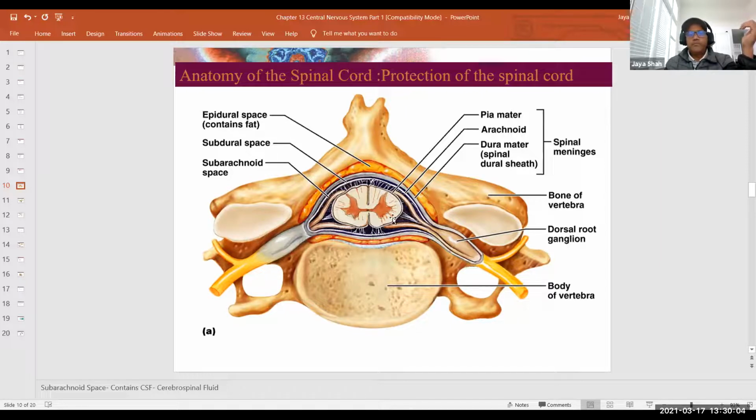So now let's go over the structure of the brain. So this is white matter and gray matter, and we're going to talk about that. Now, you see from the posterior part, some of the axons are coming in and going out. From the anterior side also, some of the axons and dendrites are coming in and going out.